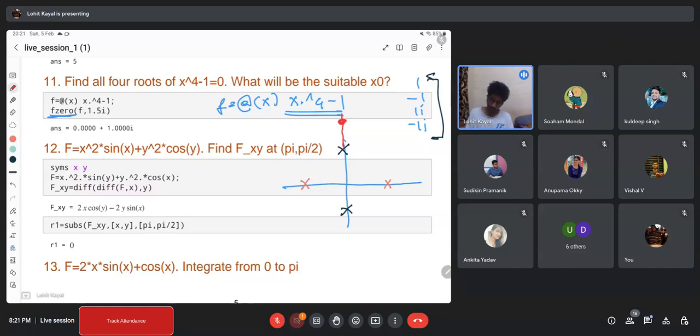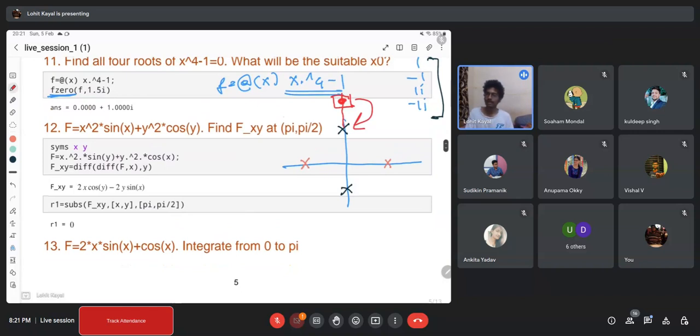Here I have provided 1.5i, so obviously it will go to this value because this is the nearest. Now if I take the initial guess as minus 1.5i or minus 2.5i or minus 0.5i, some point here, it will go to this value.